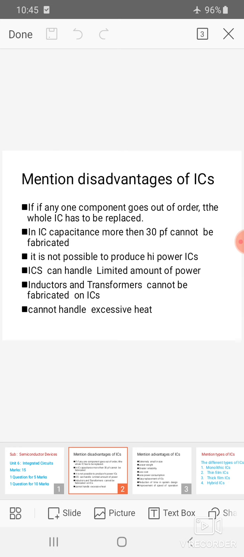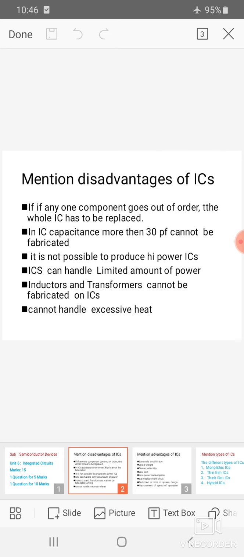Those discrete circuits have some disadvantages, that is loose connection, or oxidation, or because of any soldering problem the loose connection may happen, the components may come out, and there is no proper support for the components, etc. The main disadvantage of those circuits is that the size of the circuit becomes bigger.